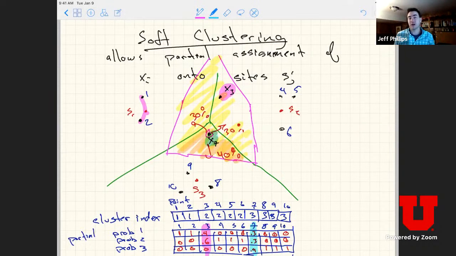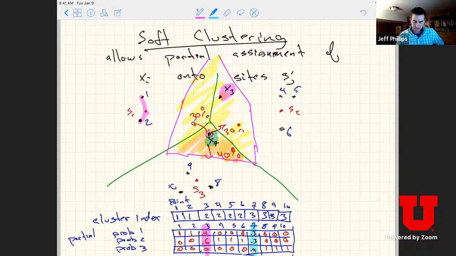It could be that all of them are partially assigned, just most of the values are close to 0. In this case, I've snapped them onto probability 1 being a site, which is probably more convenient. So this idea of soft clustering is a taste of the many complex ways the notions of clustering can deviate from what we've talked about so far.